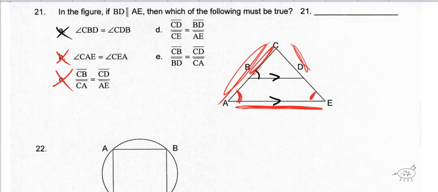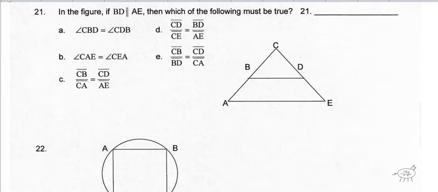Let's clear everything here. CD over CE equals BD over AE. Yes, that's good. It's the little triangle over the big triangle is equal to the little triangle over the big triangle.